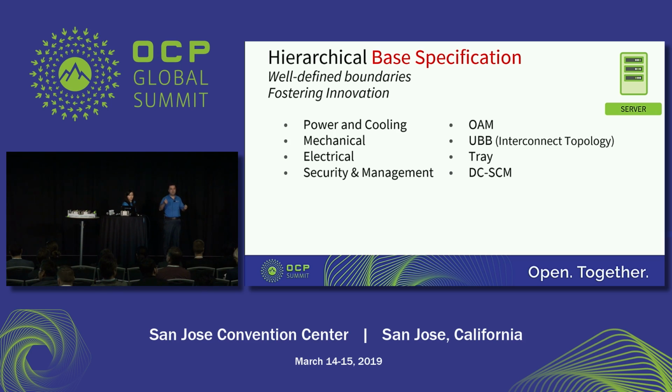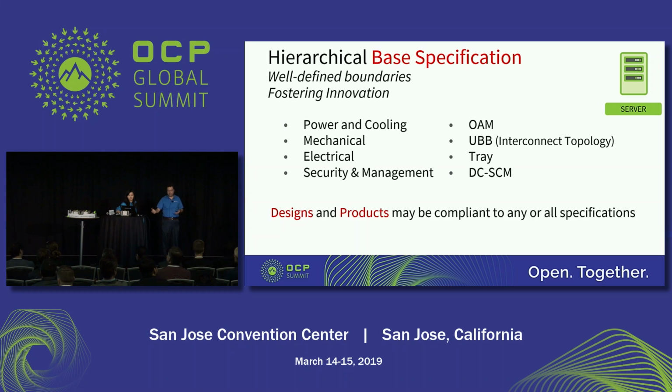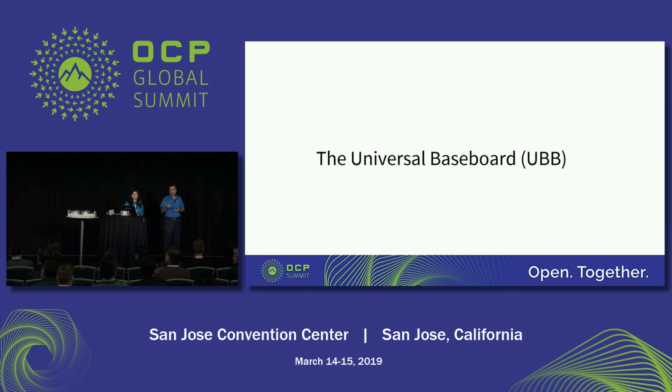Again, tray as a modular element for serviceability and management. Individual companies can build solutions that can be compatible and interoperable by supporting these specs. One solution can support all, but there could be variations as well. As I said, everything's in a modular way.